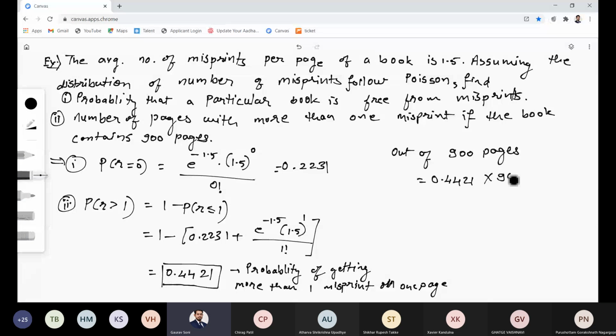So that is approximately 398 pages that will have more than one misprint.